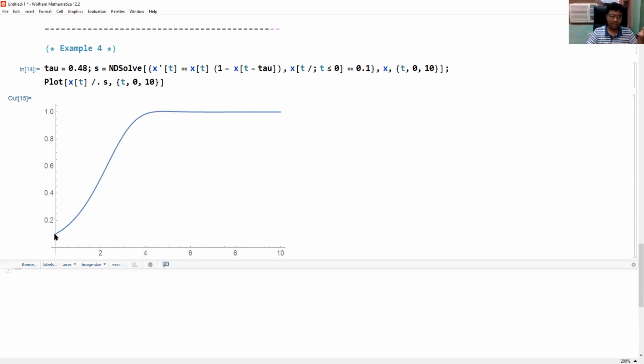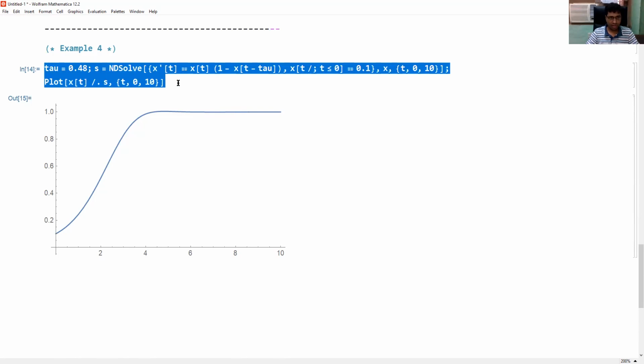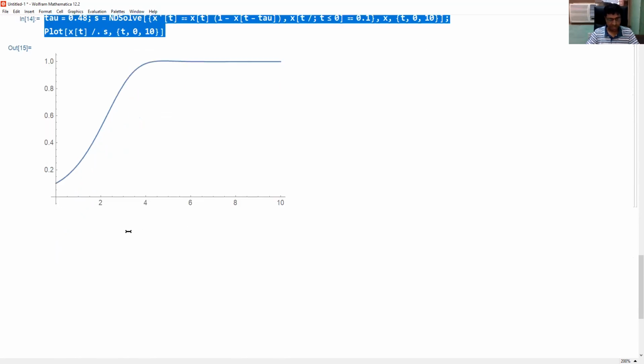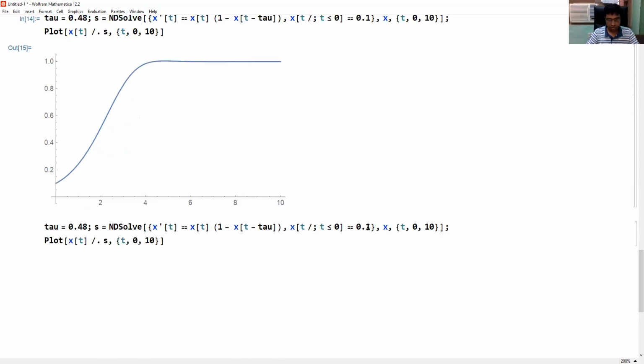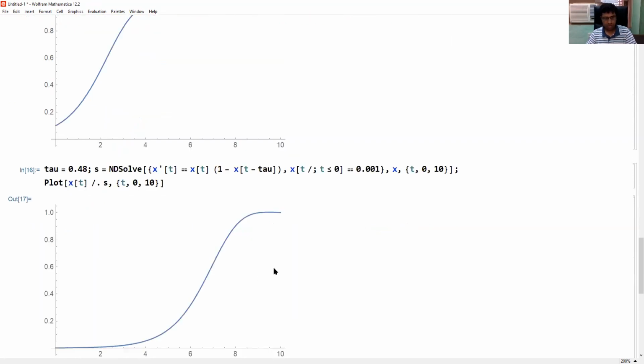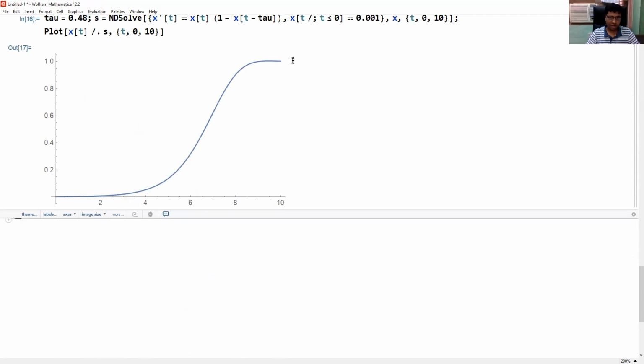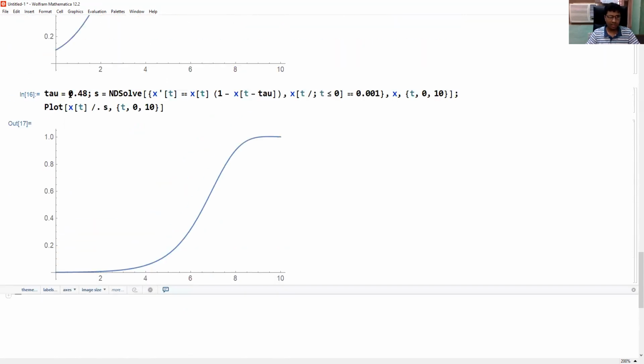If we choose an initial condition in the neighborhood of 0, the solution will go away from 0. So it is converging to another equilibrium, 1. That means it is going away from 0. Let us take some more initial conditions, very close to 0. Still it is going away and converging to another equilibrium.